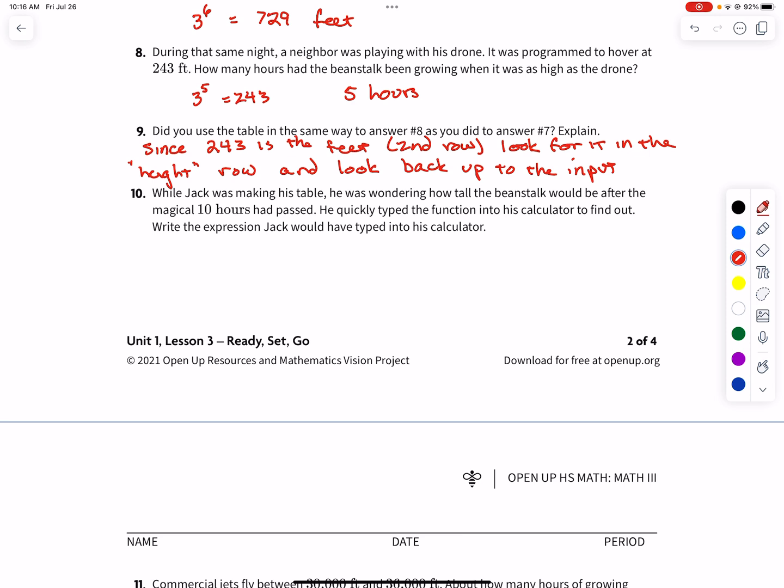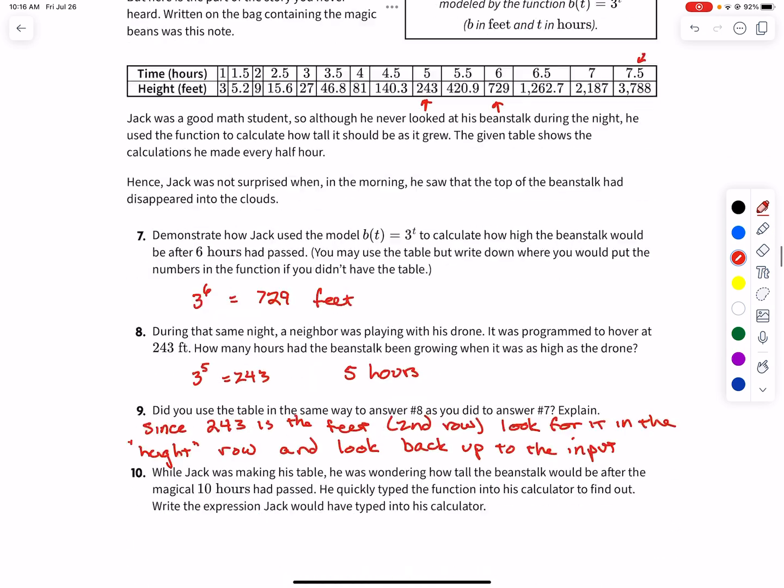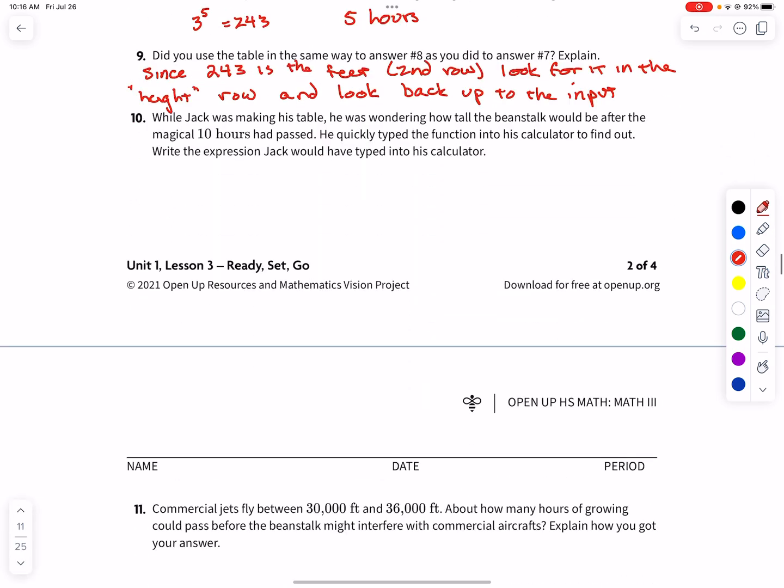So 10 hours. Write the expression in 10 hours. Now if you look at the table only goes to 7.5 hours. So we're going to have to go and actually calculate 3 to the 10th. Except it doesn't say calculate it.